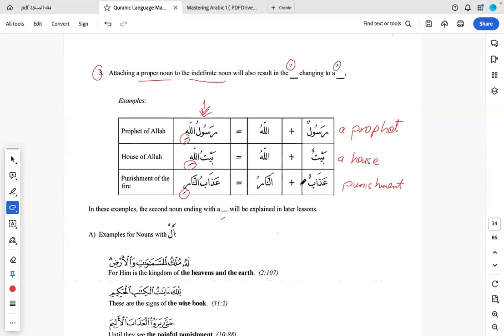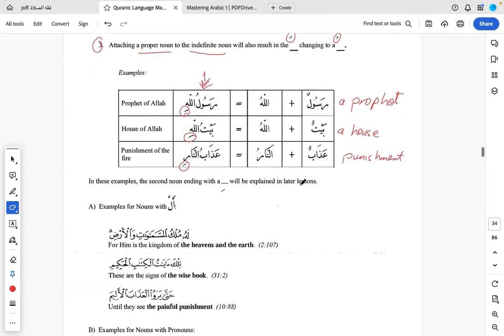It made people understand which one we are talking about. And this is why these three techniques turn the indefinite, which is common and not specific, into a specific thing that we are referring to.